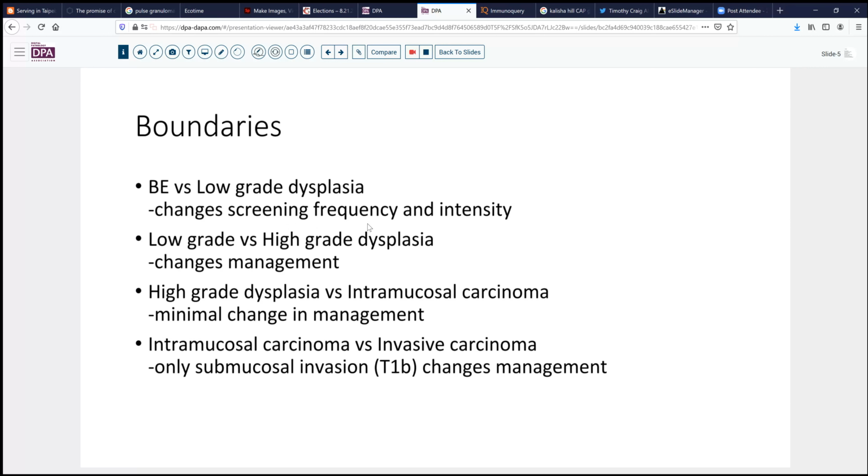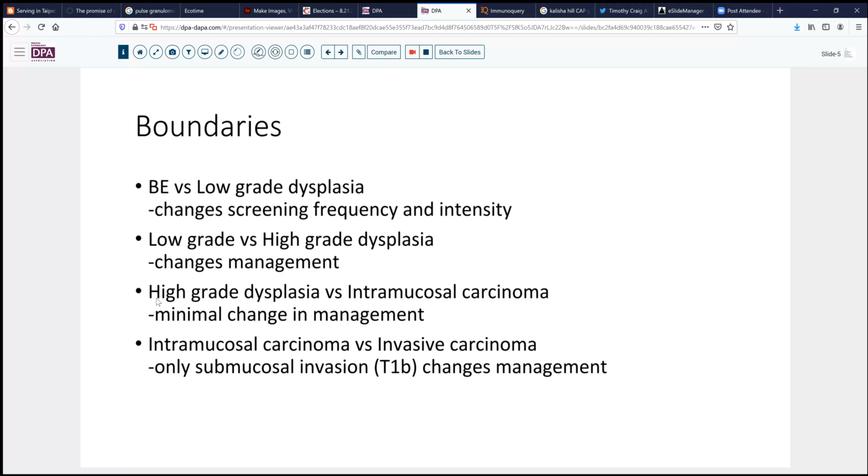It changes the screening frequency and the intensity of biopsy follow-up. The boundary between low-grade and high-grade dysplasia is also a key boundary because that changes management and leads one more likely to get an endoscopic mucosal resection, increased frequency of screening, increased numbers of biopsies, and so forth.